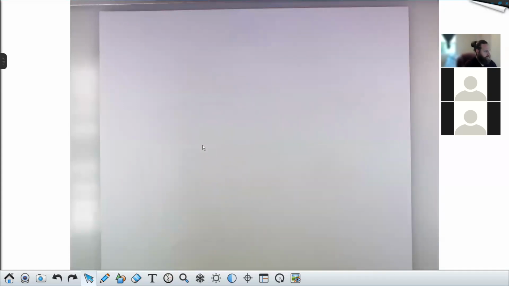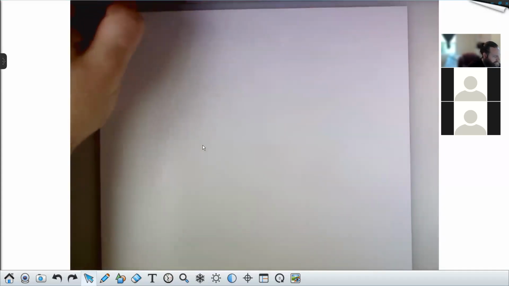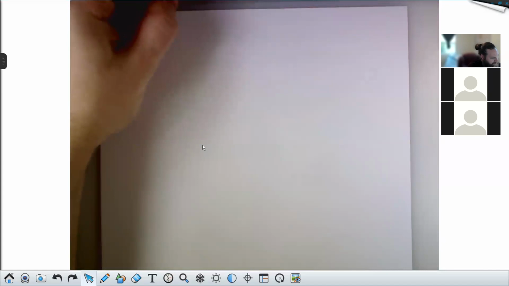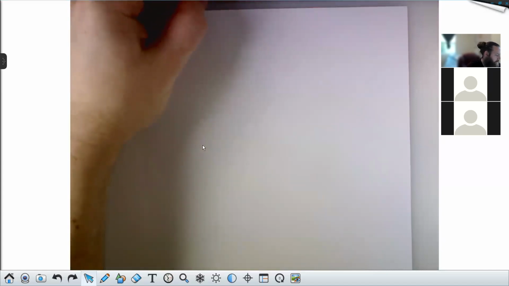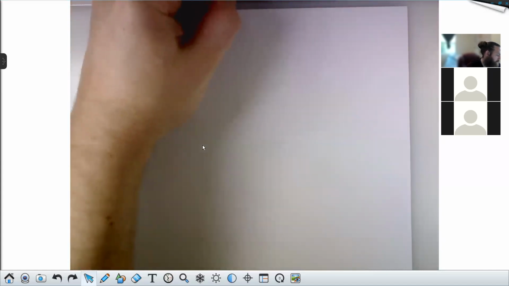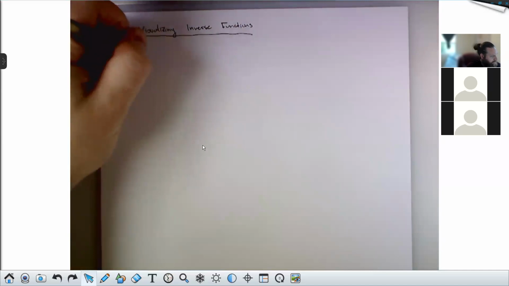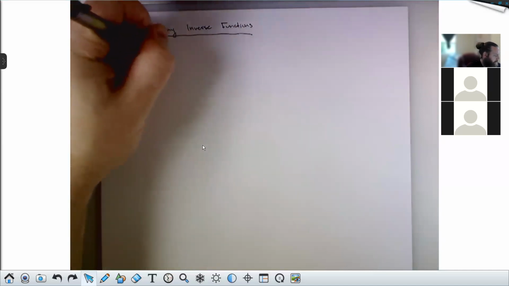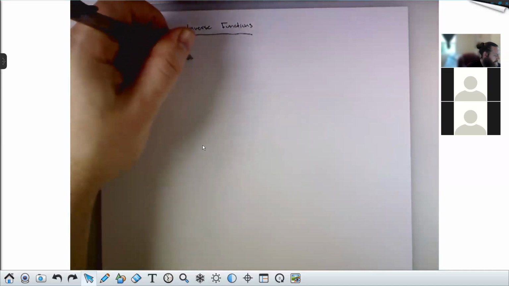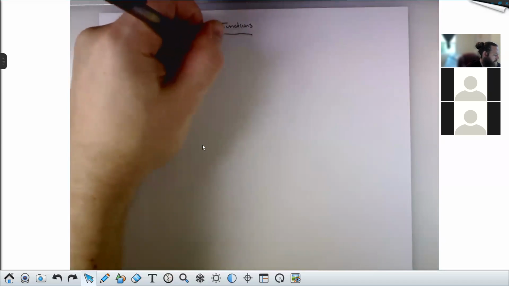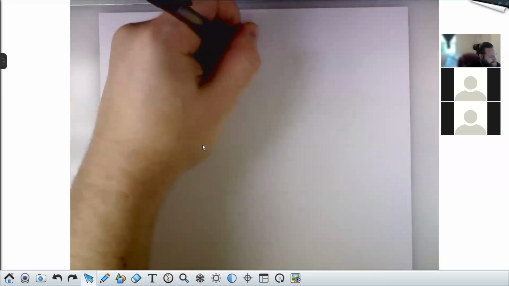When you think about what a function does, let's look at a mapping diagram for a 1-to-1 function f.